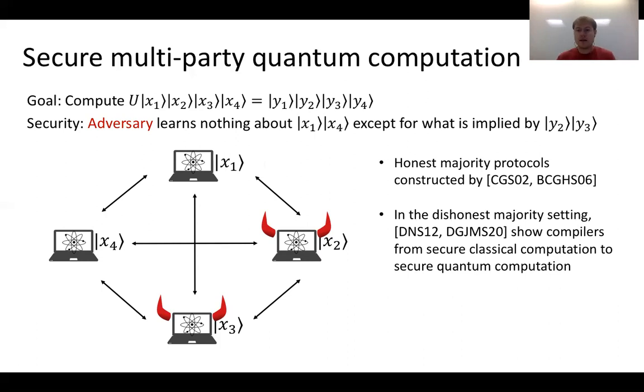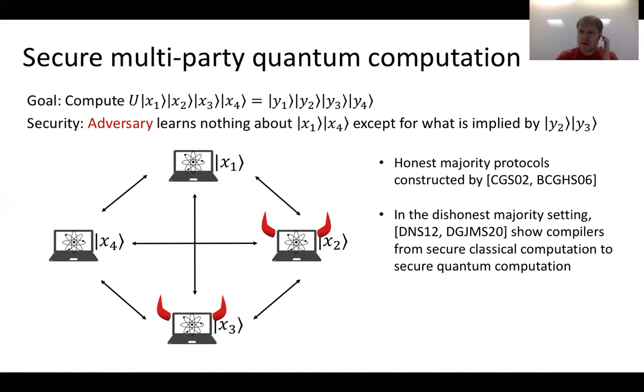And these works, DNS, DGJMS, present basically compilers showing that if you have secure classical computation, you can construct secure quantum computation, even against malicious adversaries corrupting an arbitrary subset of the parties. Okay, and so these works really are establishing the feasibility of secure multi-party quantum computation, right?